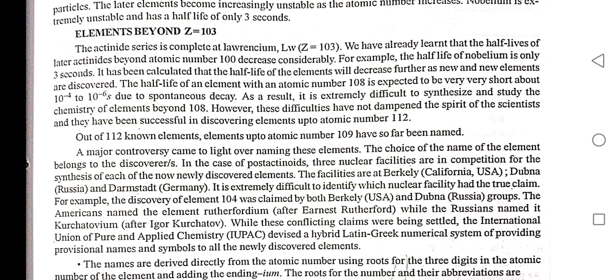The half-life of an element with atomic number 108 is expected to be very short, about 10 to the power minus 4 to 10 to the power minus 6 seconds, due to spontaneous decay. As a result, it is extremely difficult to synthesize and study the chemistry of elements beyond 108. However, these difficulties have not impeded the spirit of the scientists, and they have been successful in discovering elements up to atomic number 112.